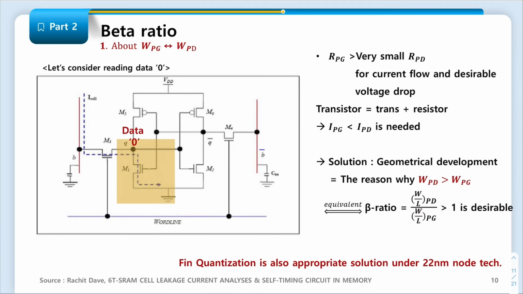So normally the beta ratio must be bigger than 1. And as you can see in this sentence, fin quantization is also an appropriate solution under 22 nanometer node technology. This will be discussed later.